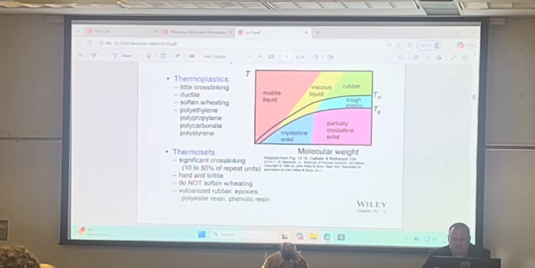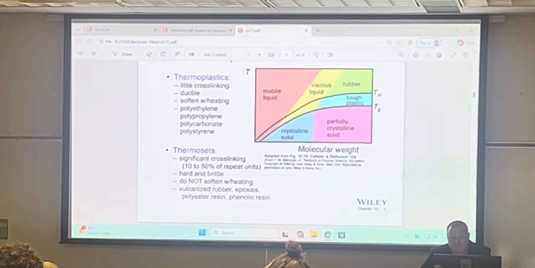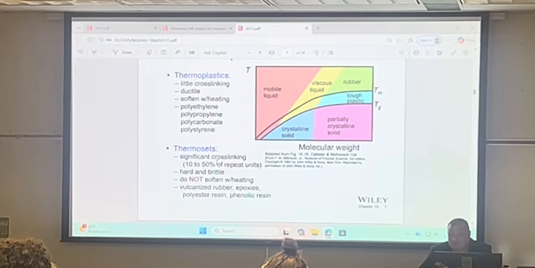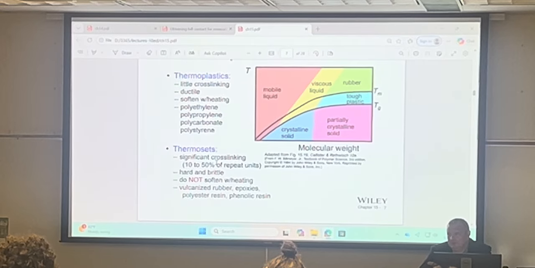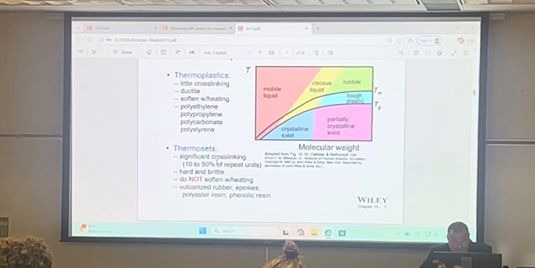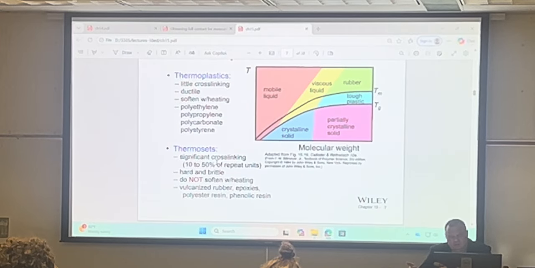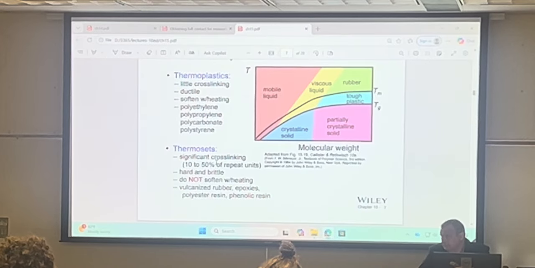The thermosets are heavily cross-linked, like 50% of the repeat units. They are hard and they're brittle, and they do not soften with heating. Examples are epoxy and polyester and phenolic resins, and vulcanized rubber.